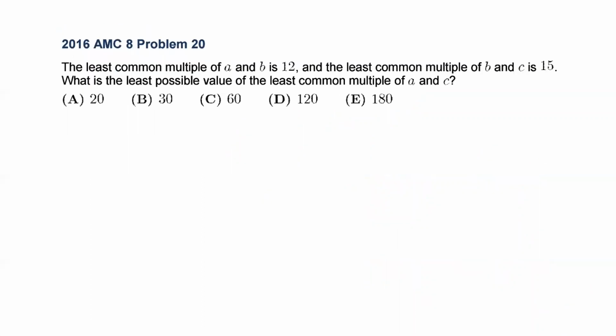The least common multiple of A and B is 12. And the least common multiple of B and C is 15. What is the least possible value of the least common multiple of A and C?